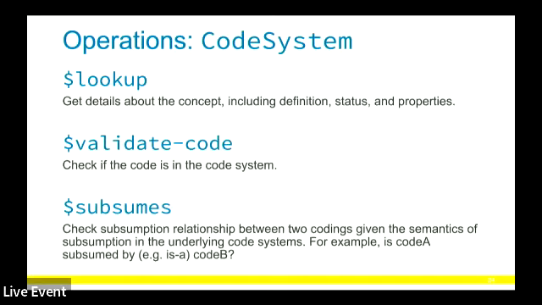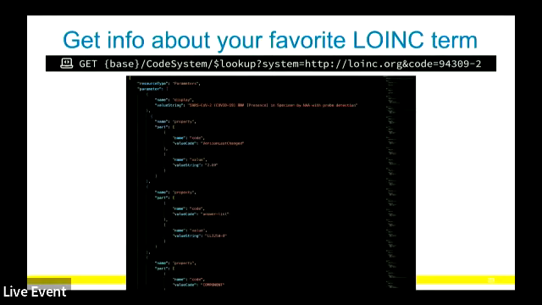So on the fly, you can verify that this code is a real SNOMED code or a real LOINC code. Thirdly, there's an operation called subsumes, which helps you check the subsumption relationship between two codings, given what the system knows about that terminology. For example, you can say, hey, is code A subsumed by, or in a relationship to code B, and the server can tell you what it knows.